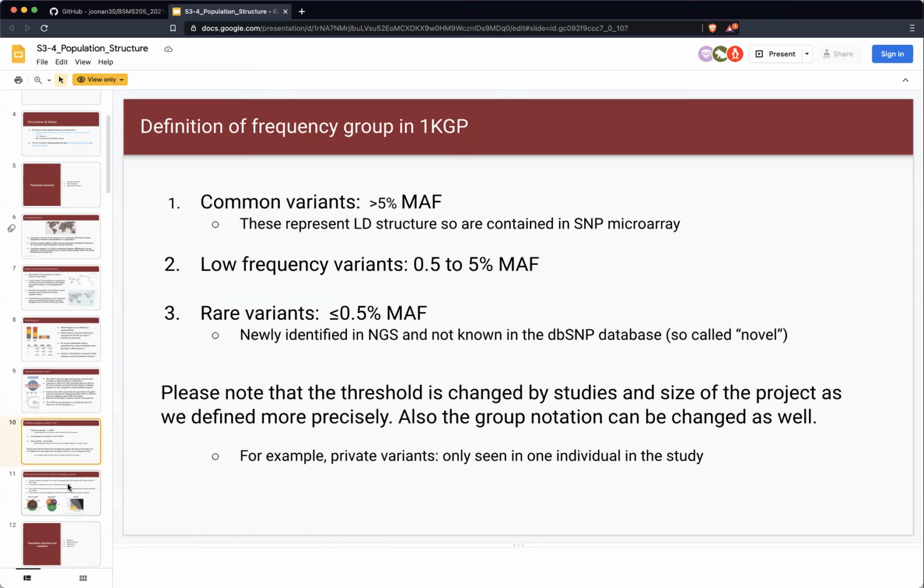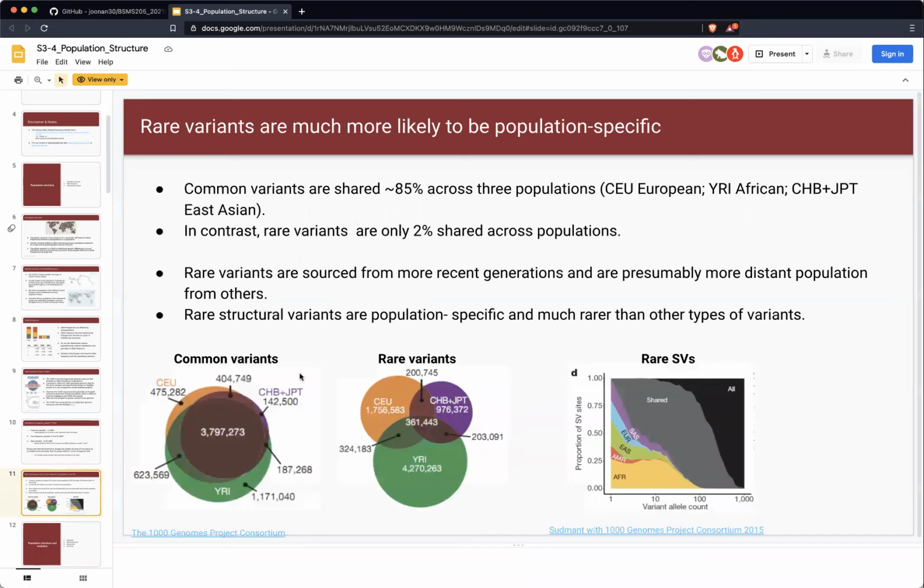Okay, so back to the 1,000 Genomes Project research. They definitely took advantage of looking at the rare variants in our population. And what they found is that the rare variants, as expected, are much more likely to be population specific.